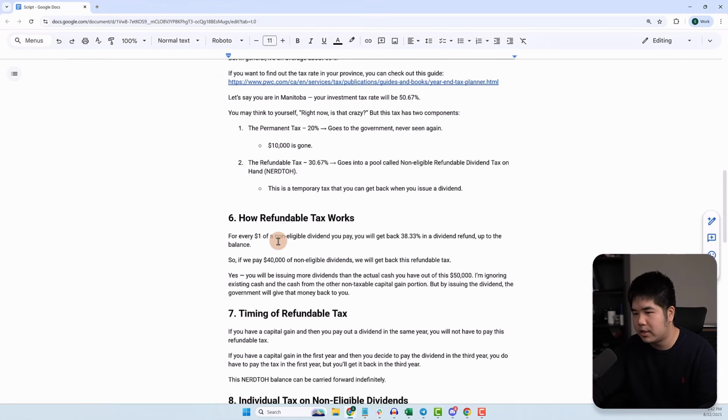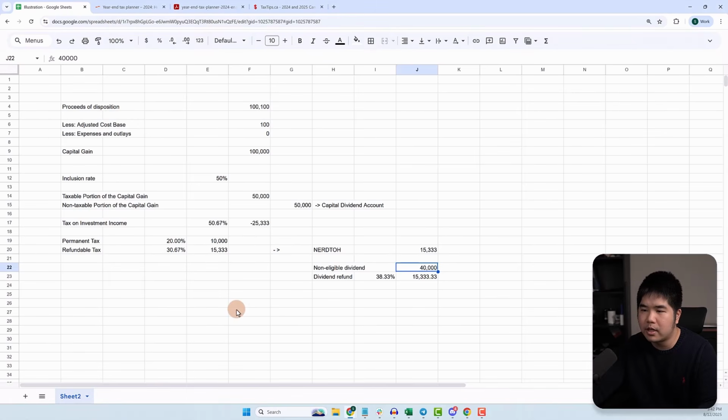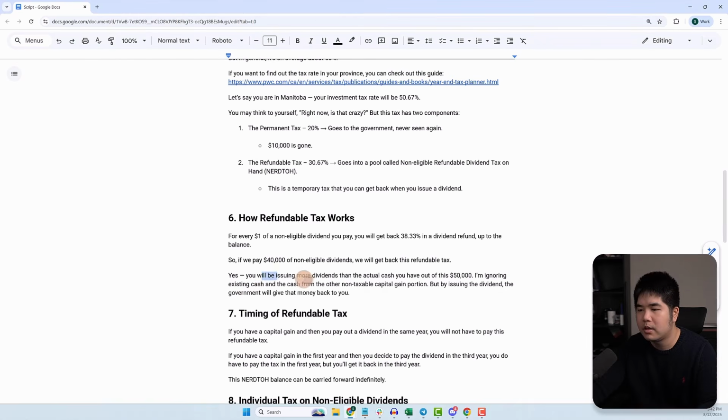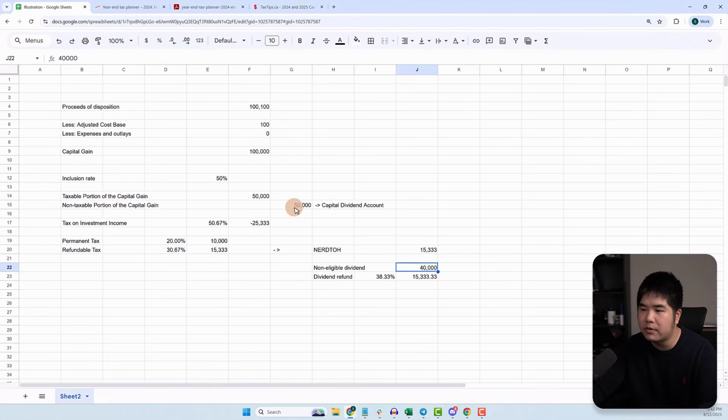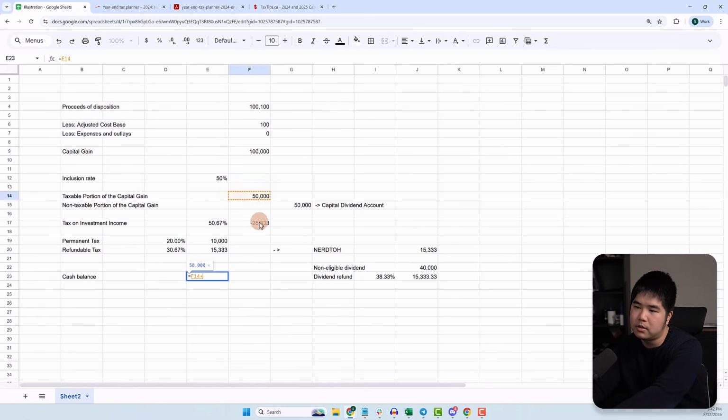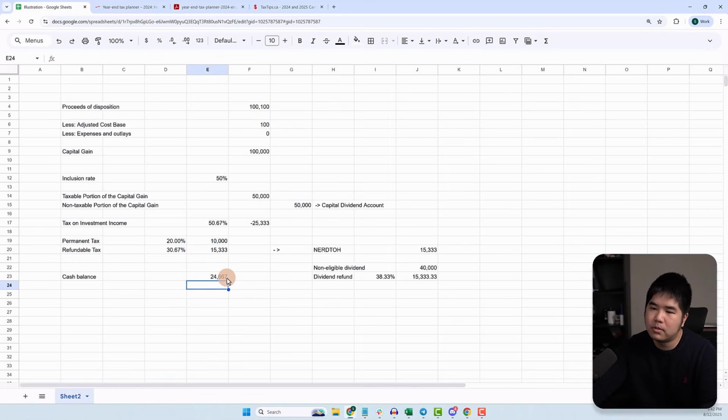But you may have a question, like, we don't have enough cash, right? I'm going to ignore the actual cash that the corporation has and the other $50,000 that was not subject to tax. But if we look at the cash balance, we had $50,000 of taxable capital gain, and we have to pay tax of $25,000. So we only have $24,667 left. How can we issue $40,000?